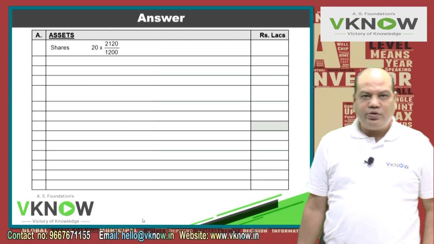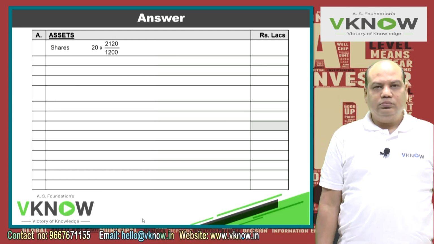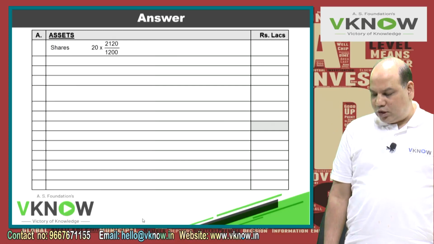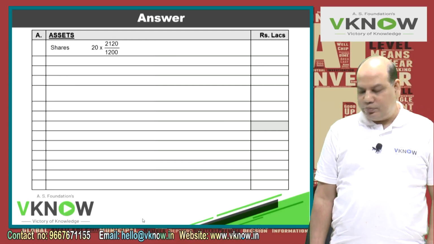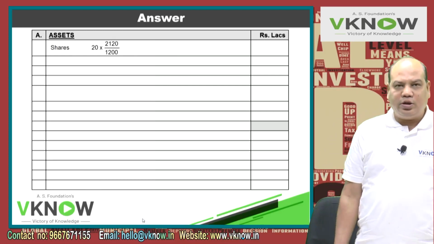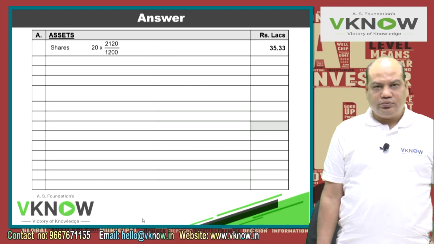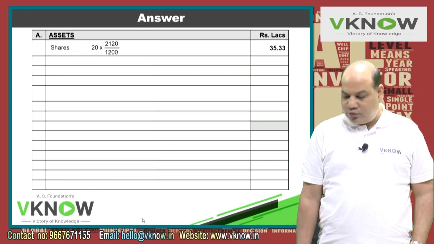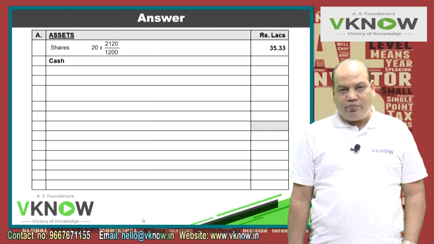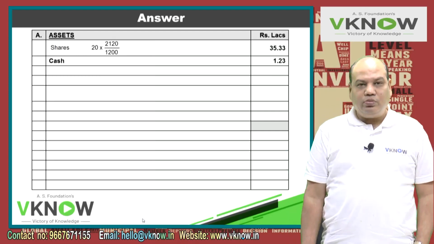Under assets, first write down shares. Calculation, write down in bracket 20 into 2120 divide by 1200, that is 35.33. Next item is cash. Nothing is mentioned. Take book value 1.23.